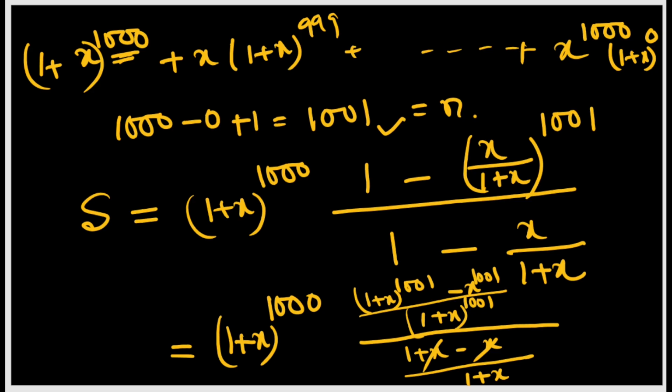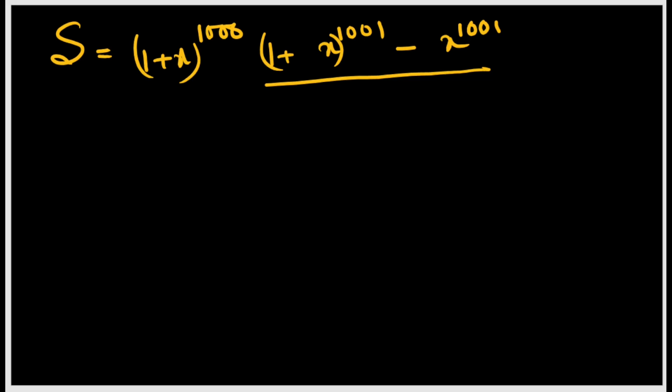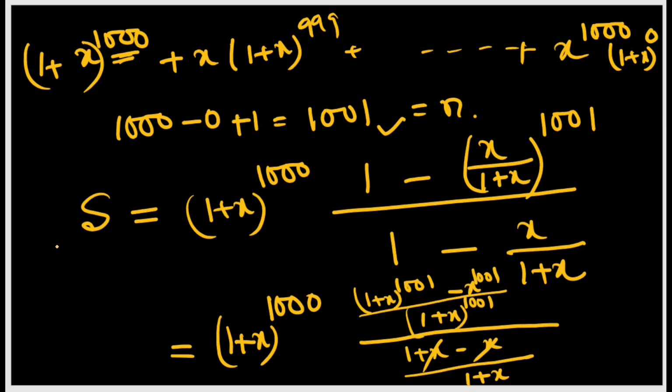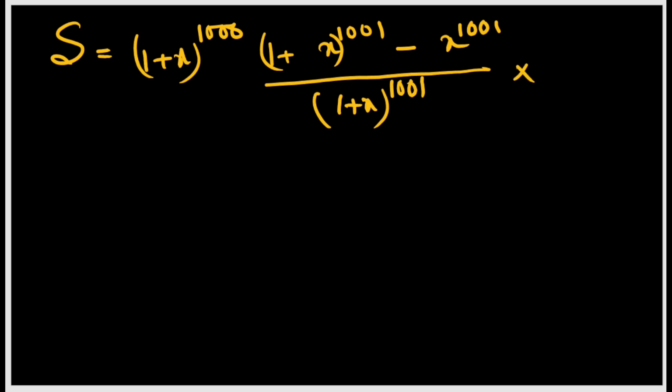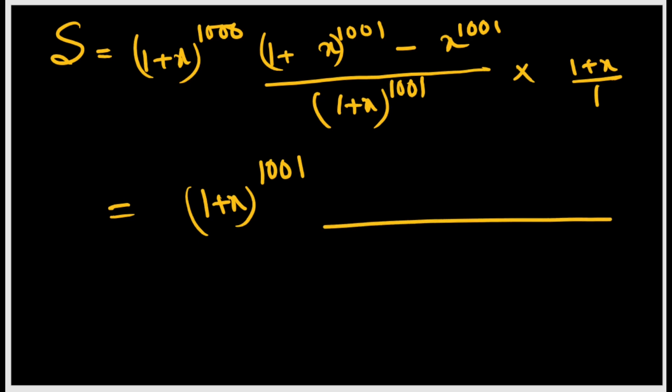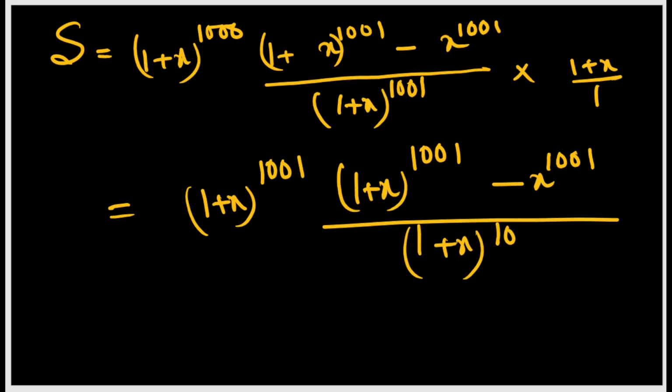So if we see 1 plus x power 1001, this term is here 1 plus x divided by 1 plus x, so that will give 1 plus x power 1001, and the rest of the terms are the same: 1 plus x power 1001 minus x power 1001 over 1 plus x power 1001.